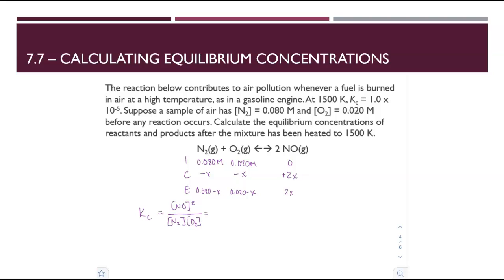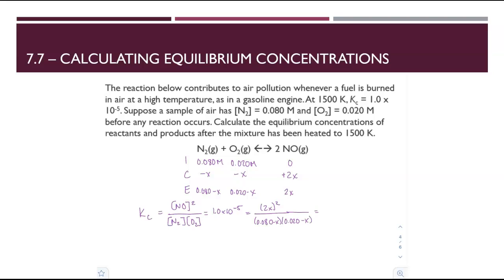And we're given our equilibrium constant, which is 1 times 10 to the negative fifth. Then we plug in what we know right now, not the values, but the values in terms of X. So our NO is 2X, squared, divided by 0.08 minus X times 0.02 minus X.